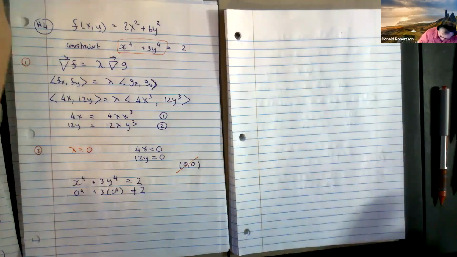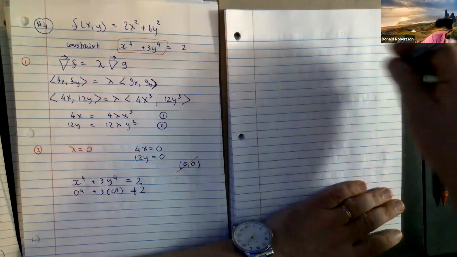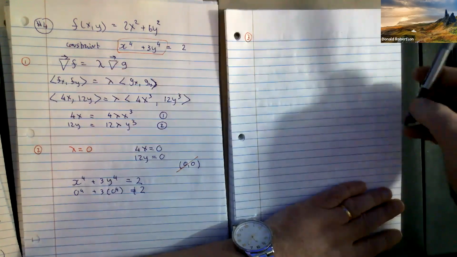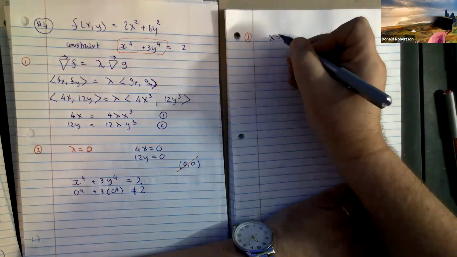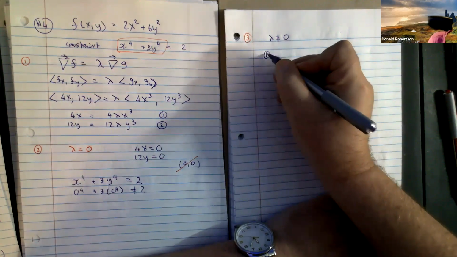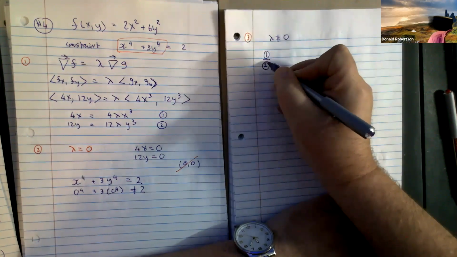Let's move over to step 3. We're going to assume that lambda is now not 0. And I'm going to take equation 1 and divide it by equation 2.